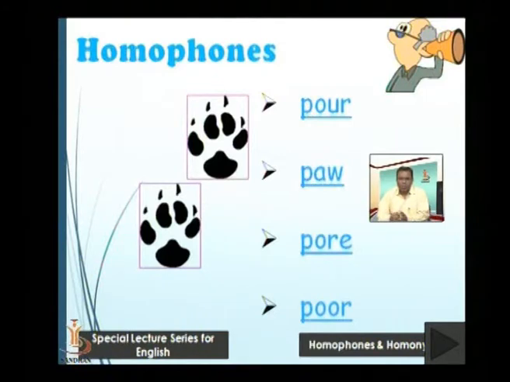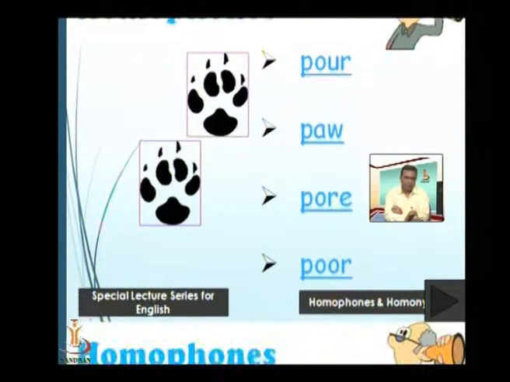That is paw. Pore and poor are two more words. As we can see, the spellings are different, but because of the pronunciation, here there are four words which are exemplified, and these words have different meanings.